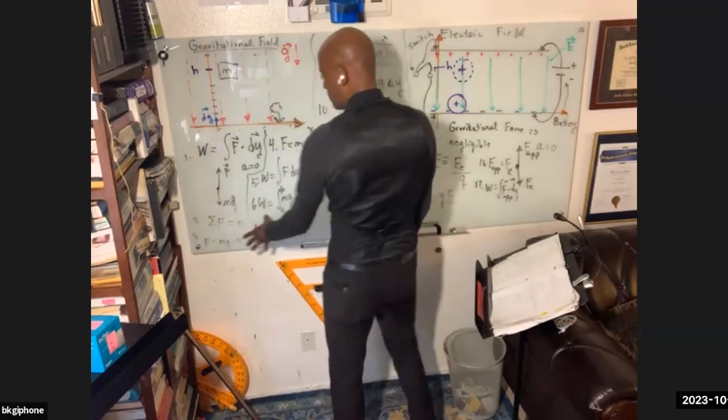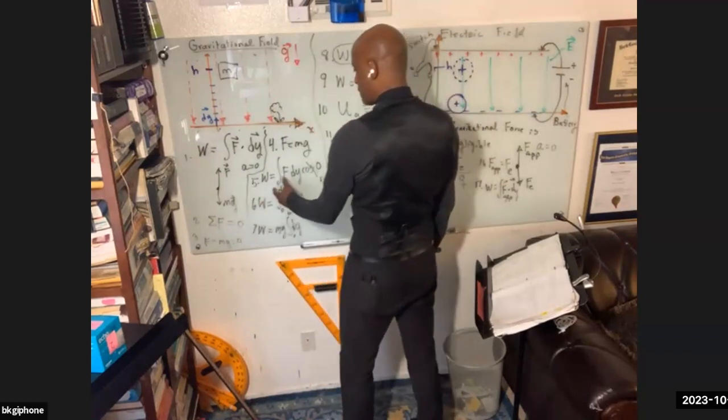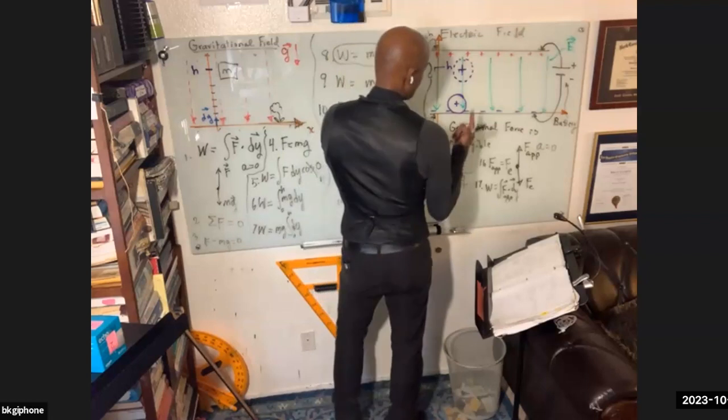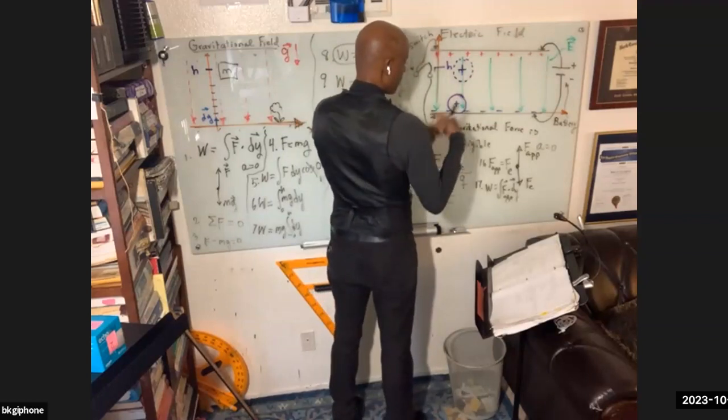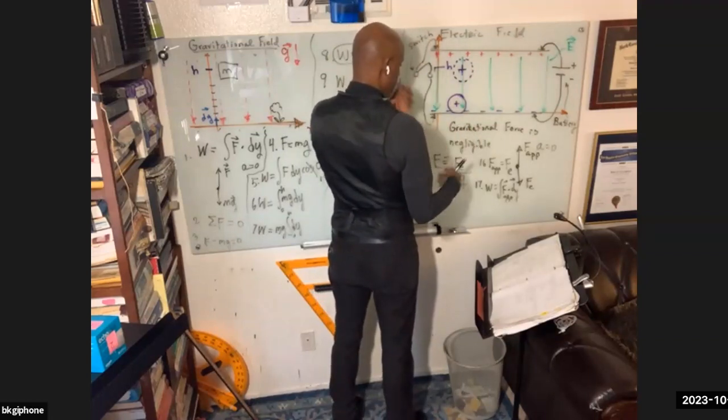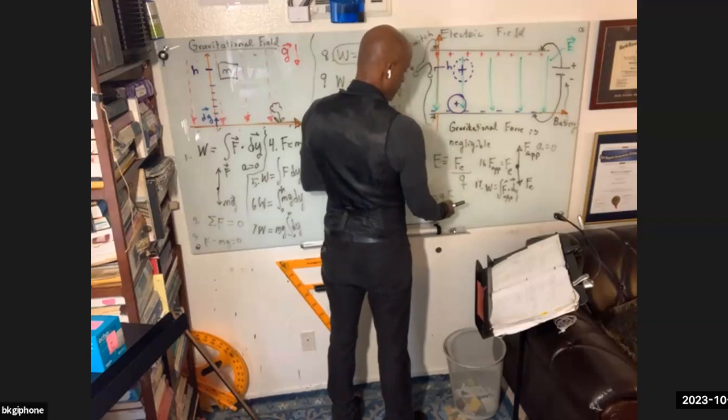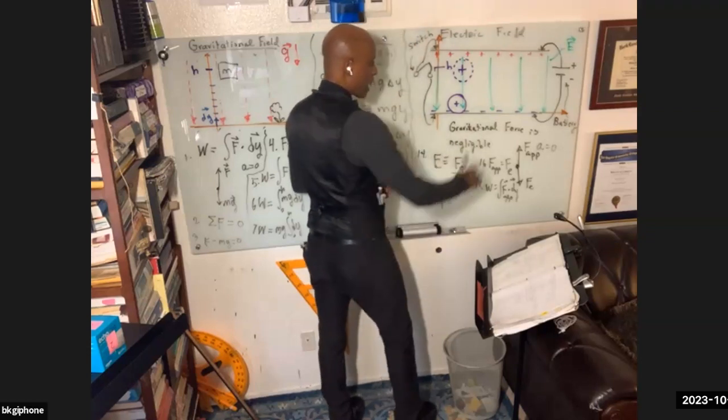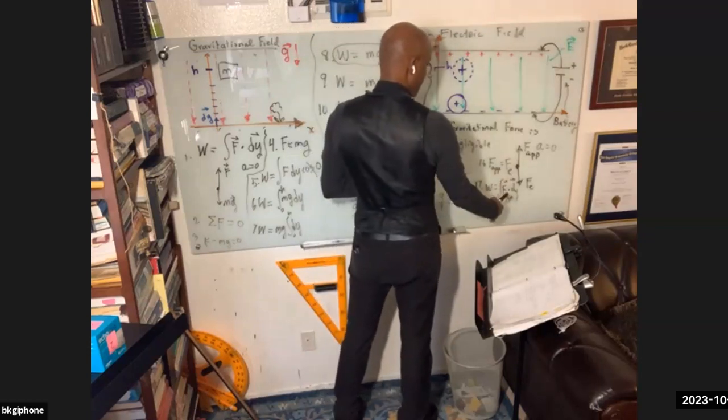it's basically the same couple of steps I had here, right? If you do the dot product, Fe is up, dy is up, the angle between them is zero, so you get cosine of 0, which is 1. Fe is equal to Q times E, but Q and E are constant, so they come out of the integral.